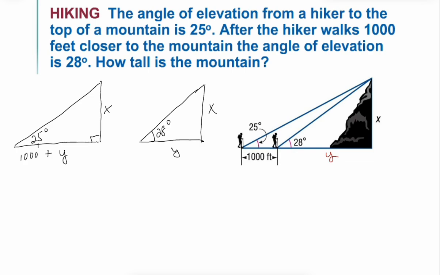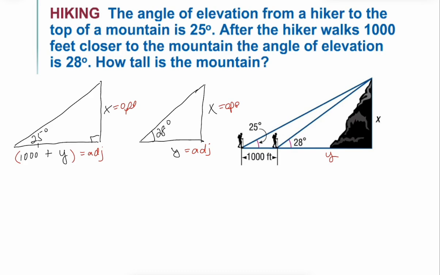Now, what we're going to do for each of these scenarios is set up the appropriate trig function for what we have. We don't have the hypotenuse for each. For each of these, we have an opposite and an adjacent. So let's label those. The trig function that uses opposite and adjacent is tangent.